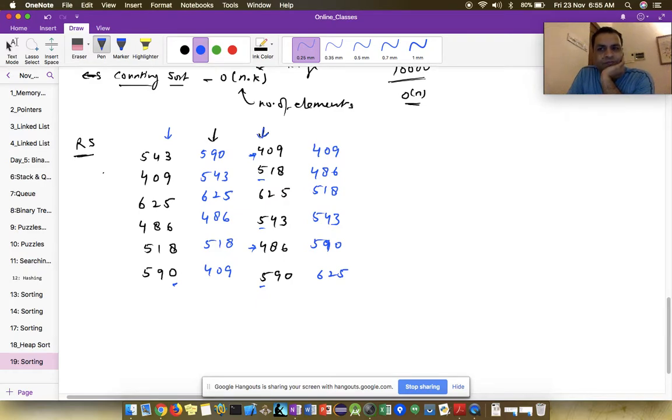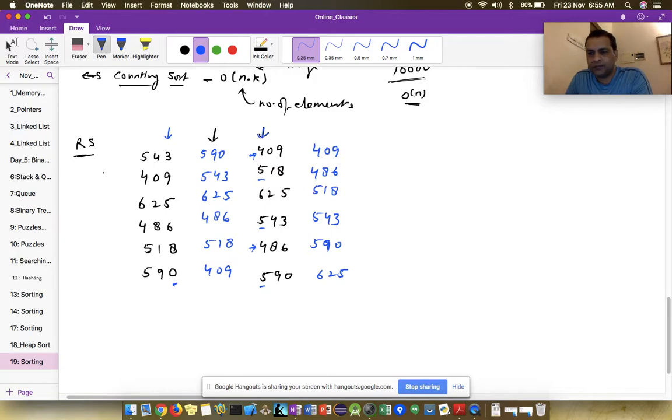We can use counting sort here because we are only sorting one position, the units position, so the range is from 0 to 9.